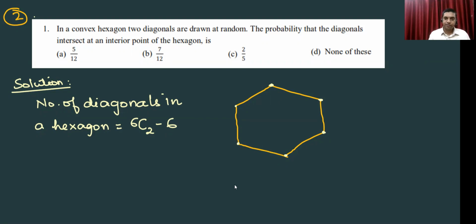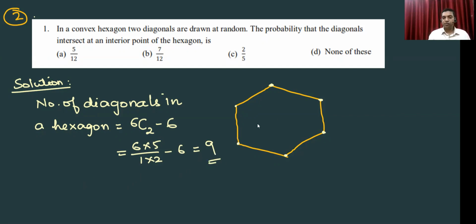So 6C2 minus 6 will be the number of diagonals. 6C2 is 6 into 5 by 1 into 2, 15. 15 minus 6 is 9. So there are 9 diagonals.